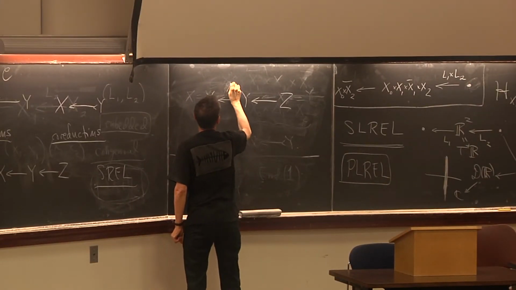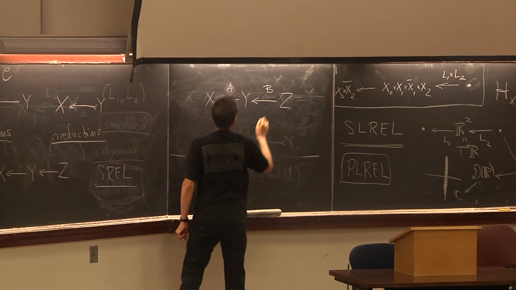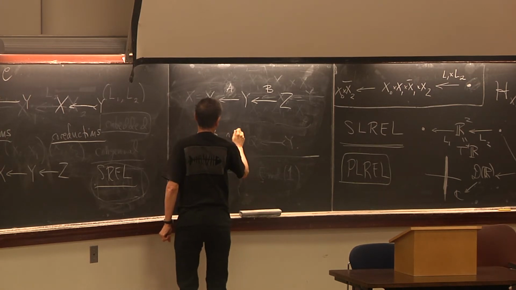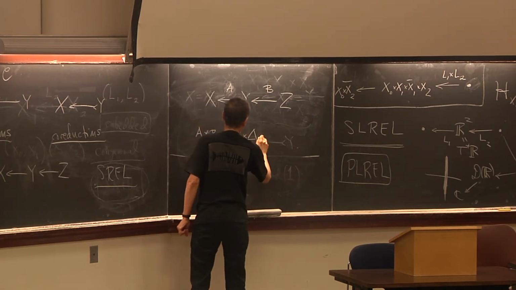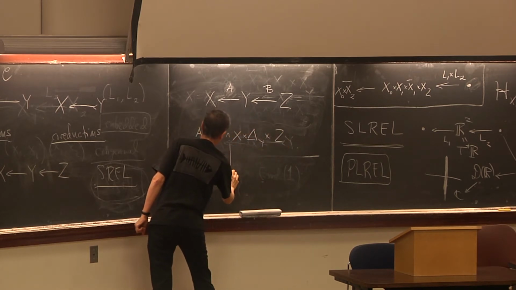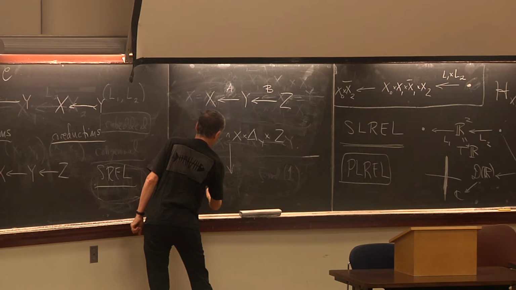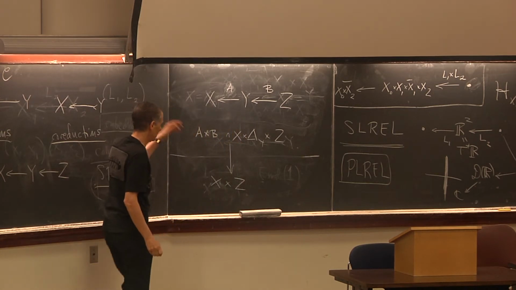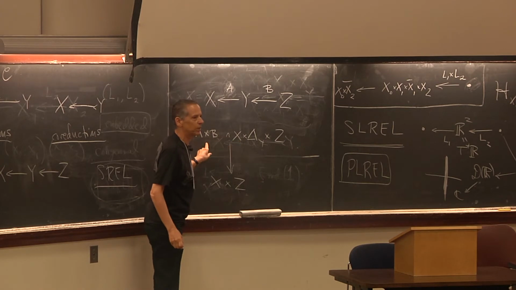I'll call them A and B for now. Remember what we do: we form the intersection of A cross B with X cross the diagonal of Y cross Z, and then we project it into X cross Z. As I said, there are two things that can go wrong. This can fail to be transversal.